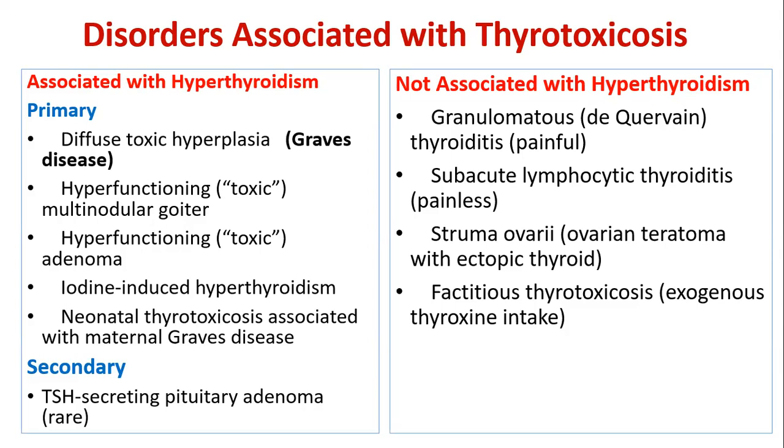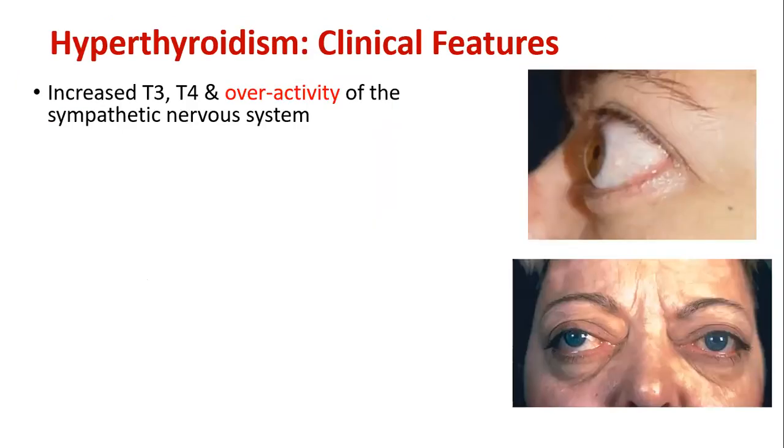The last one is very interesting. All these are thyrotoxicosis states, where some have excess thyroid hormone in the blood, some do not. But factitious is when, in some societies, the person is constantly eating the thyroid gland from an animal source. That can be something different.